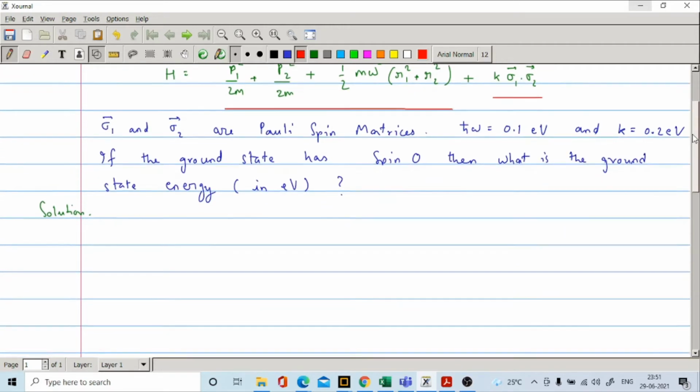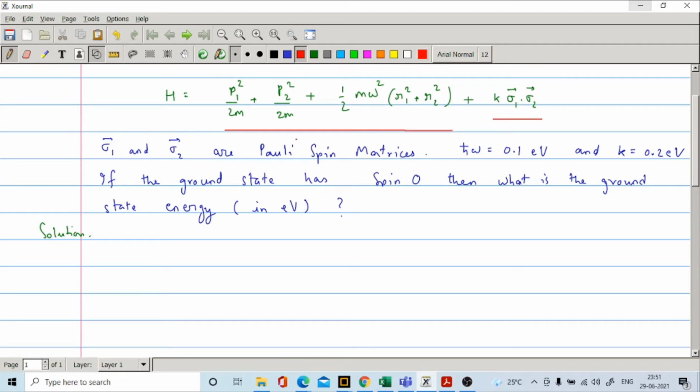So let us first consider the harmonic oscillator part. So the total energy E in the ground state, E_GS, where GS stands for the ground state, will be the ground state energy E naught plus the energy due to the spin.